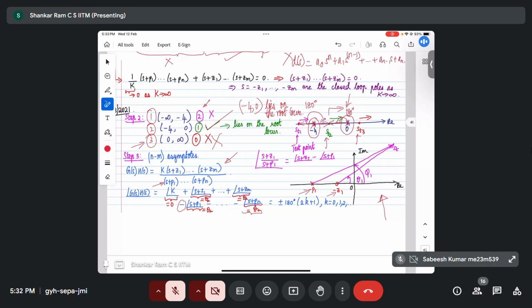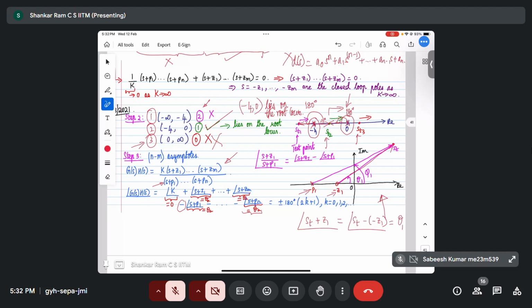And then I take a test point st here. If we want to get the angle of st plus z1, it is the angle of st minus (minus z1). In other words, it is the angle made by the vector drawn from minus z1 to st, which we have represented as theta 1.